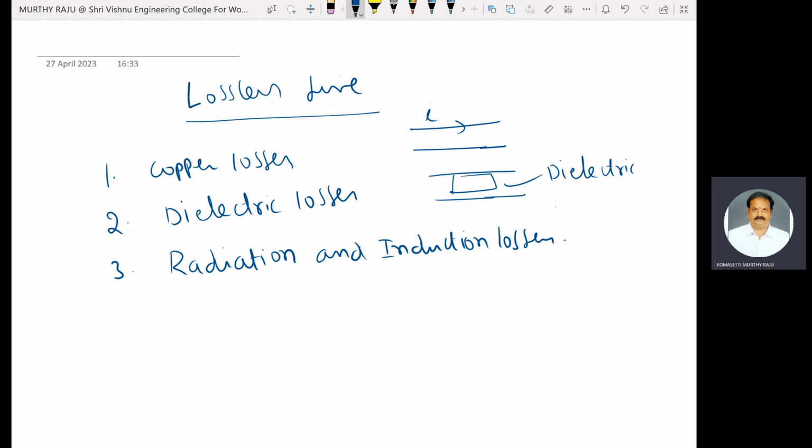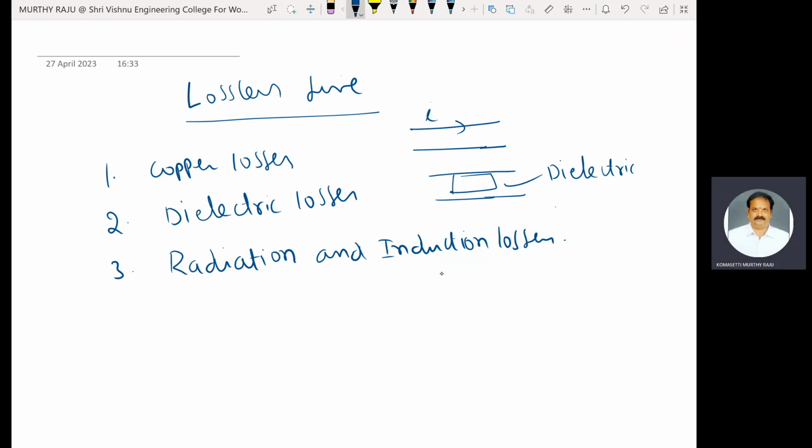Next one is radiation and induction losses. Basically, these losses are caused by the fields surrounding the conductors. Induction losses occur when the electromagnetic fields about a conductor cut through any nearby metallic objects and a current is induced in that object.